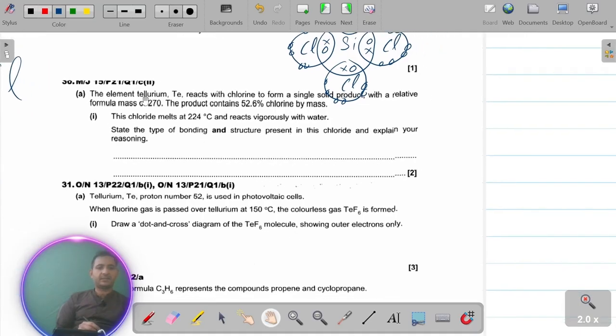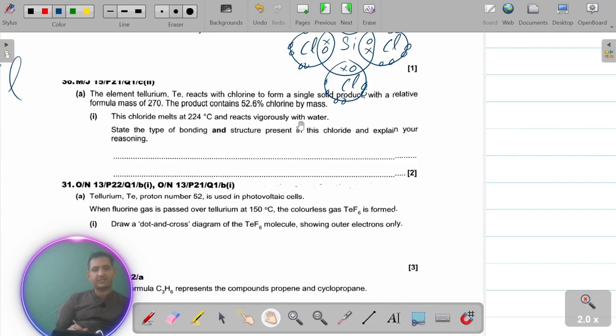The element tellurium reacts with chlorine to form a single solid product with relative formula mass 270. The product contains 52.6% chlorine by mass. State the type of bonding and structure present in this chloride and explain your answer. This chloride melts at 224, a little bit higher melting point, and reacts with water.